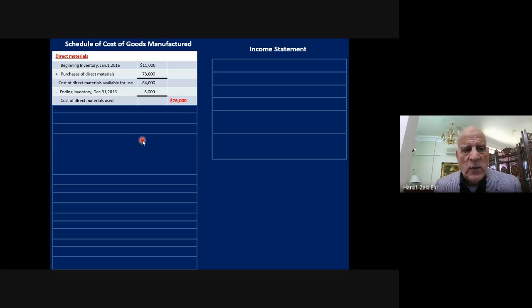So we will have direct material used as 76,000. This is the cost of the first item, cost of direct materials used.